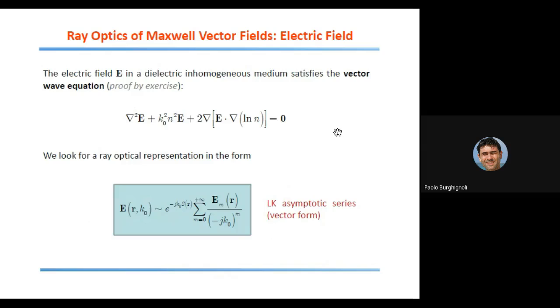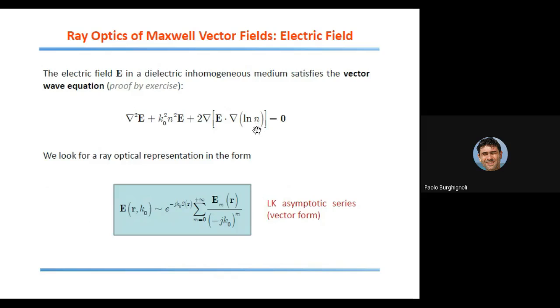Now, if you consider a generally inhomogeneous medium, for example, a dielectric medium, from Maxwell equations you can derive this sort of generalized Helmholtz equation, in which you have the familiar first two addends, and then you have this additional term, which is zero if the medium is homogeneous, because you can see here you have the gradient of the logarithm of the refractive index.